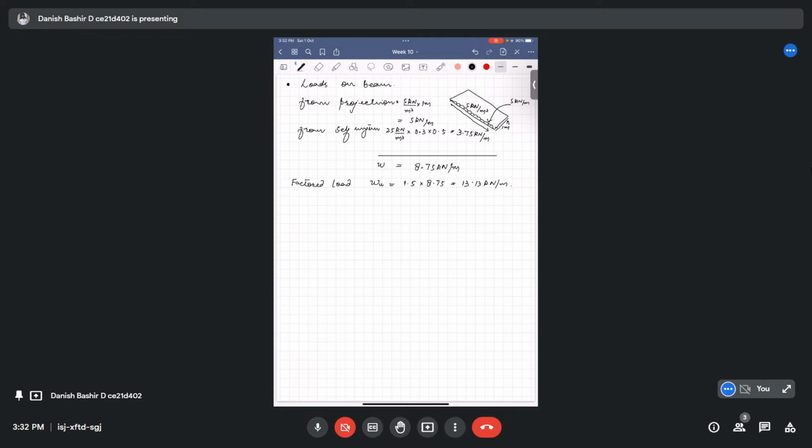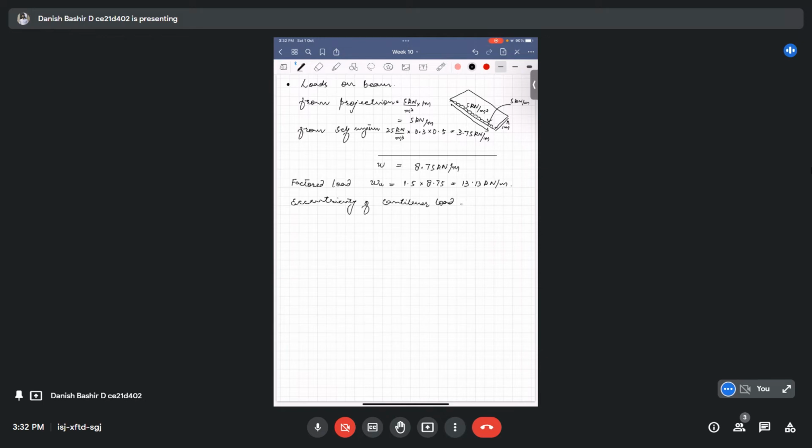Also, we now have to calculate the eccentricity of the cantilever load, because it will induce torsional moments in our beam.